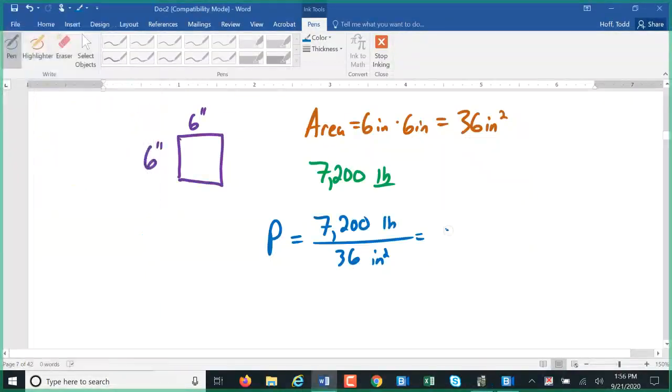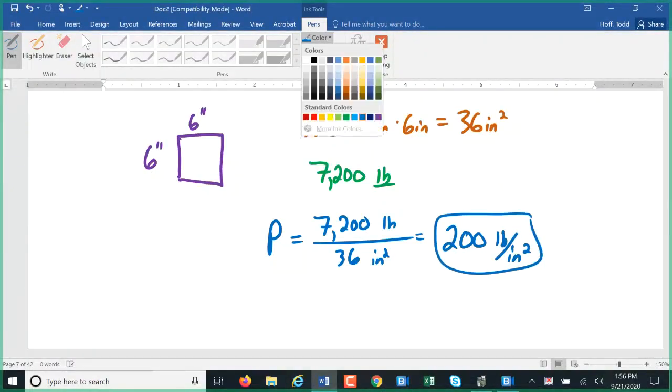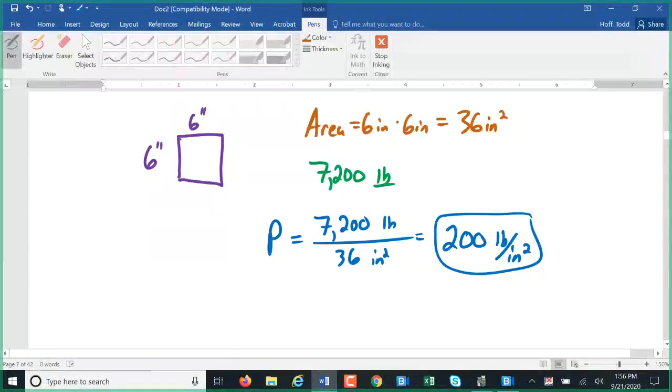It's 200 pounds per square inch. That sounds like a lot of force. Standard construction lumber has an allowable stress or pressure of 1,150 or 1,250, depending on the application, pounds per square inch. So 200 pounds per square inch sounds like a lot of weight, but that is actually pretty safe on that post.